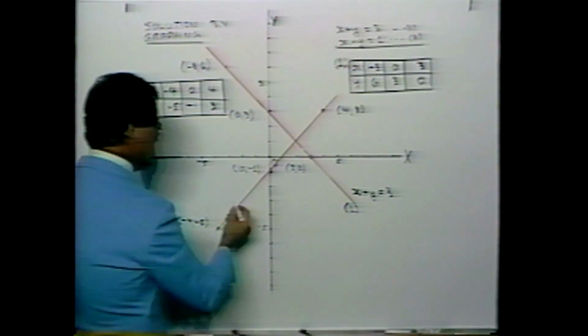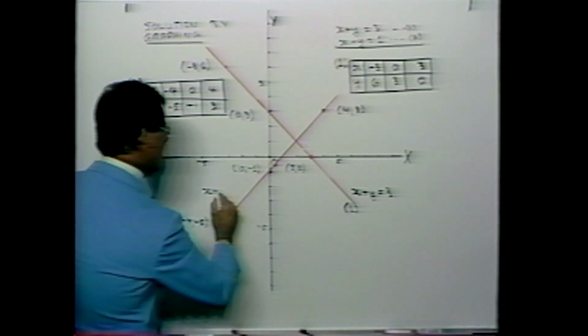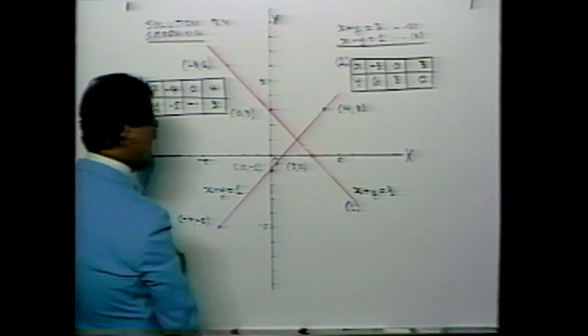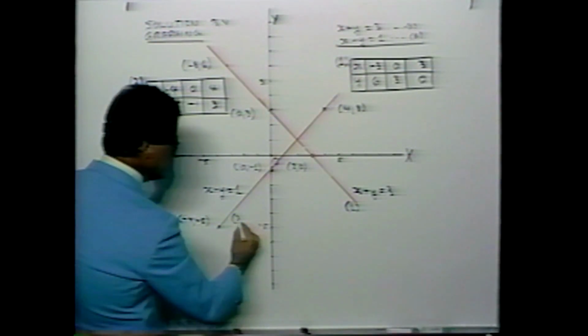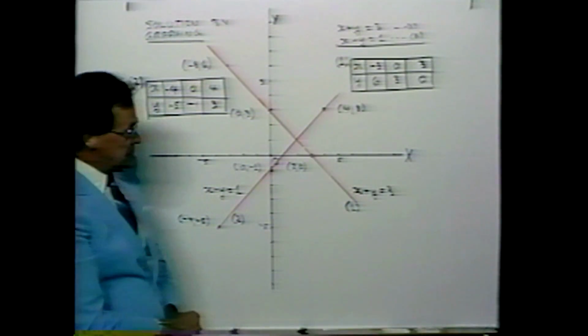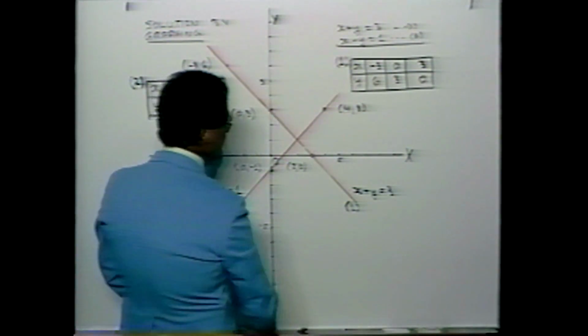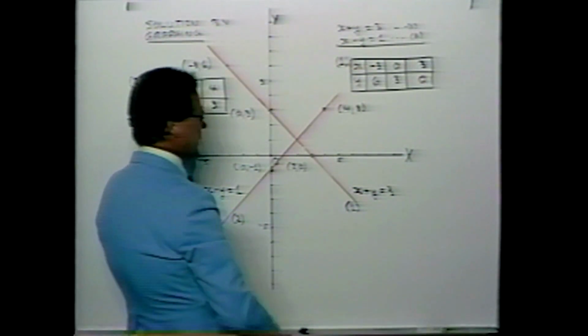And so let's label it by writing the equation that it represents, x minus y equals 1, or label it as I did the other one by writing its number in brackets like that. You can see that these points intersect at a single point located there.